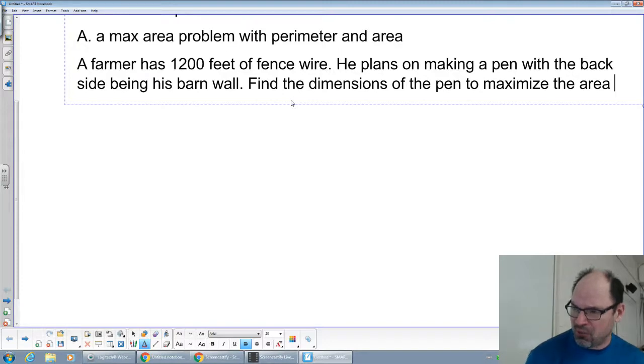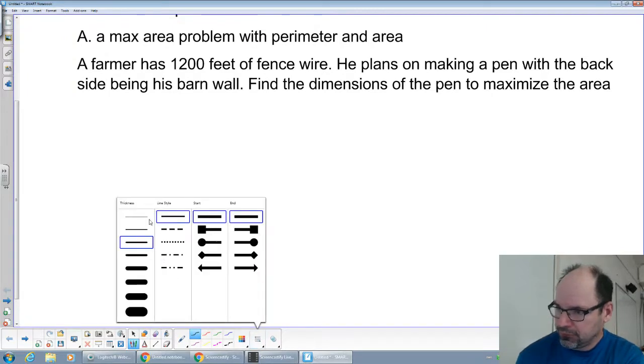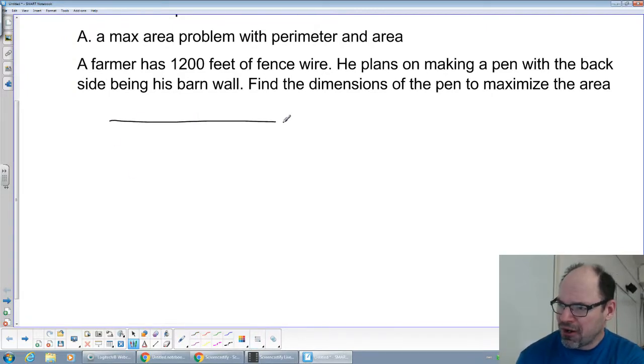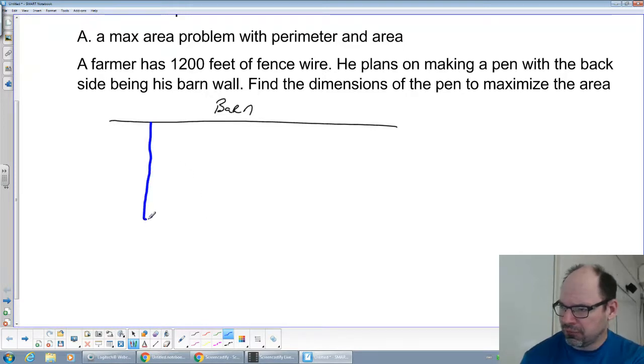So if this is the barn wall here, let's change to marker here first. Okay, if this is my barn here, okay, and I'm going to have my fencing material come out so that I have maximum area.